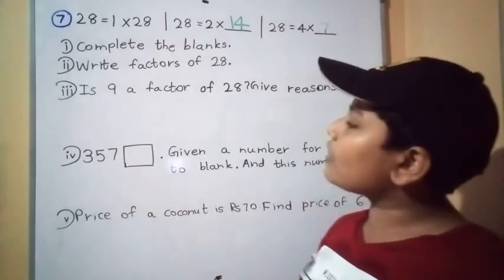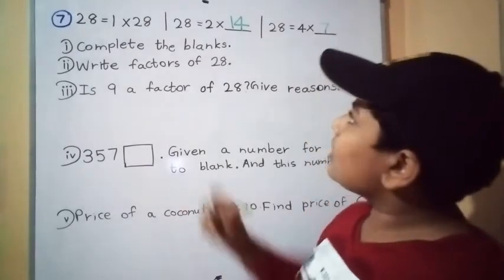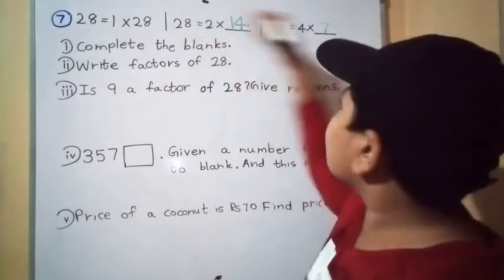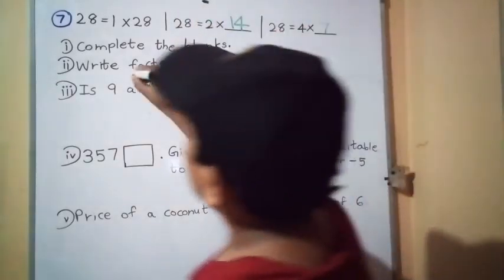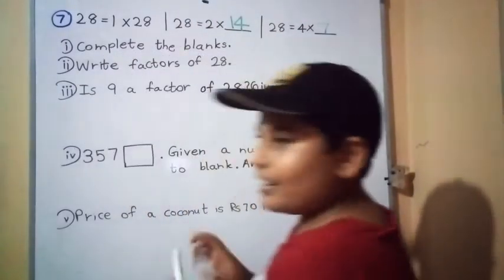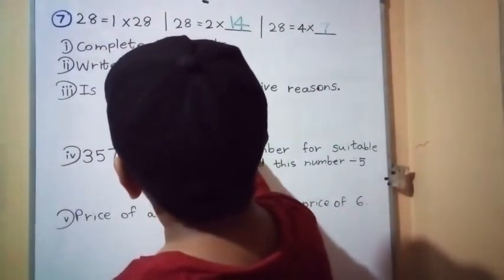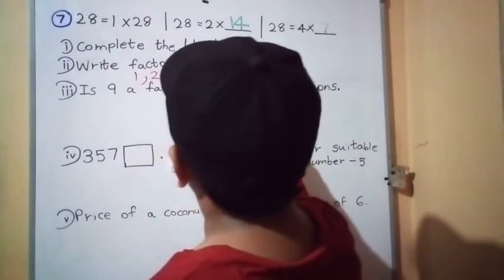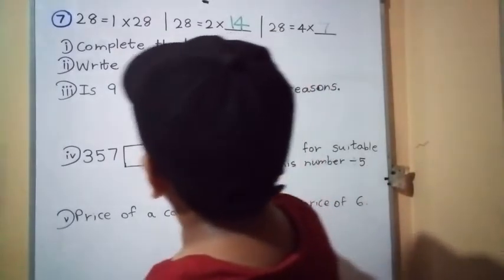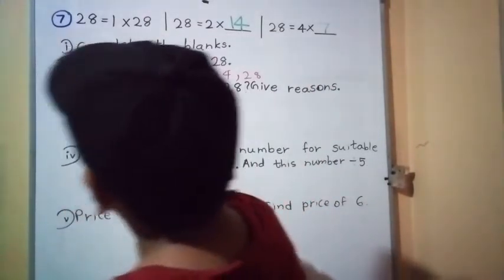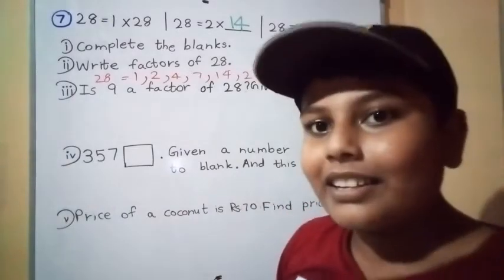Now the second one, write factors of 28. These are the factors: 1, 2, 4, 7, 14, 28 are the factors of 28.